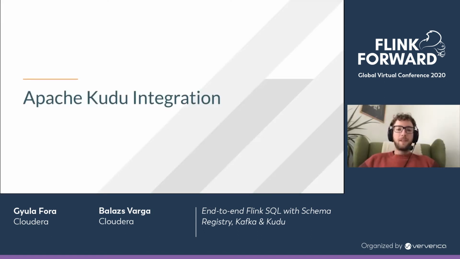So now that we've seen how the Schema Registry Kafka integration works for Flink SQL, let's take a look at how the metadata storage side of our enrichment story looks like.